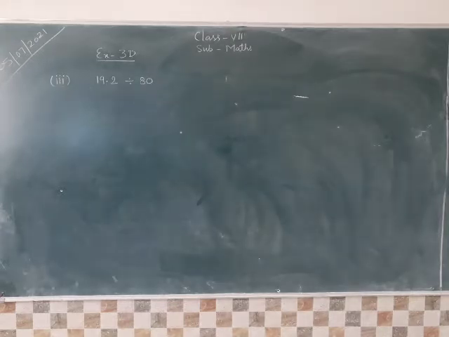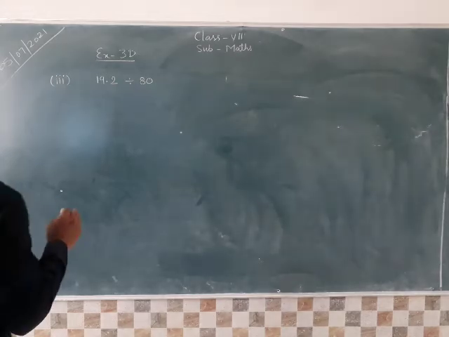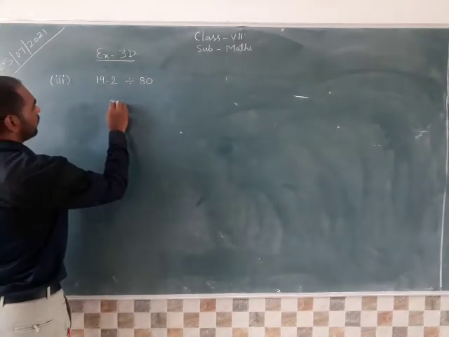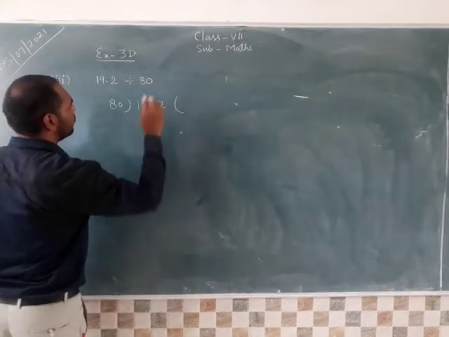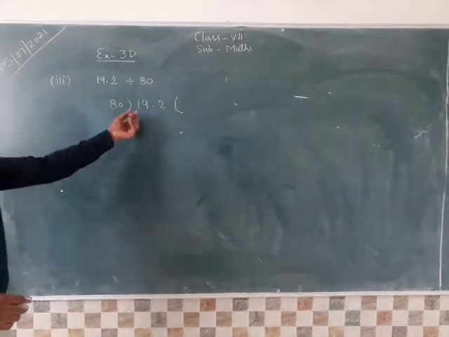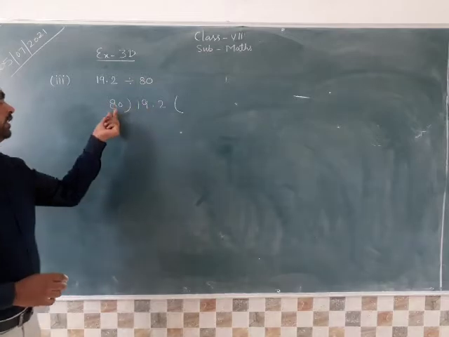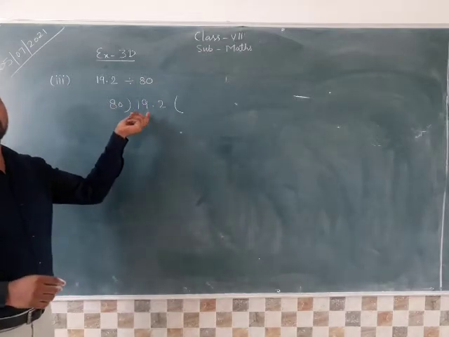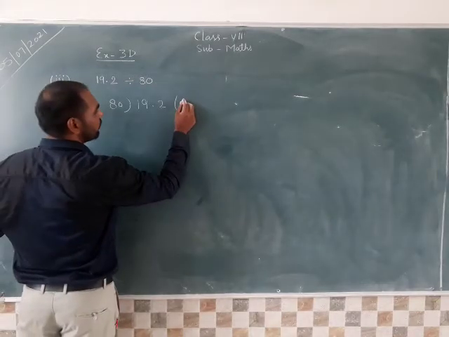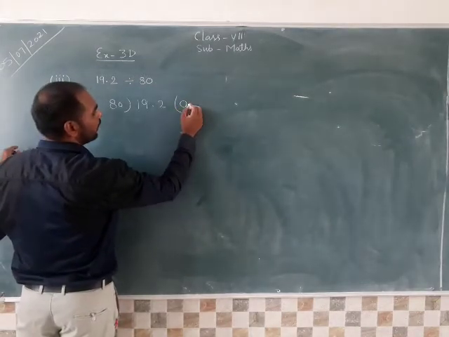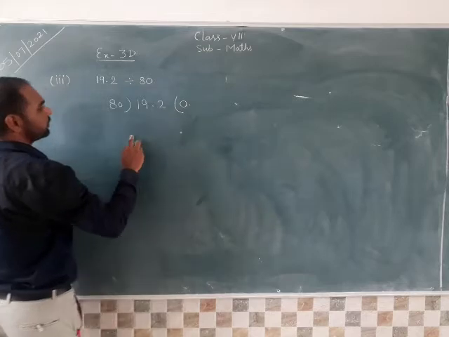Third part is 19.2 divided by 80. We know very well 19 is not divisible by 80, because 19 is smaller than 80. So for this we will mark 0 and take point in the quotient.